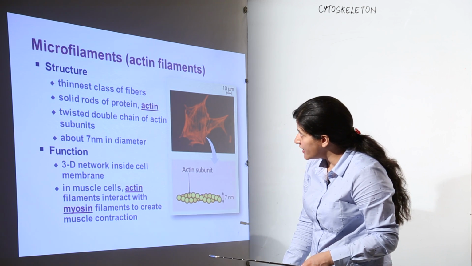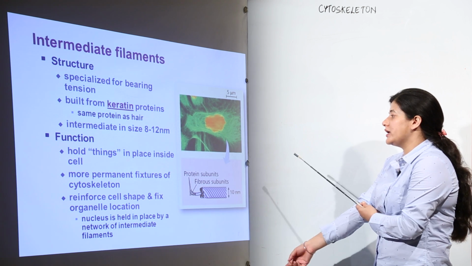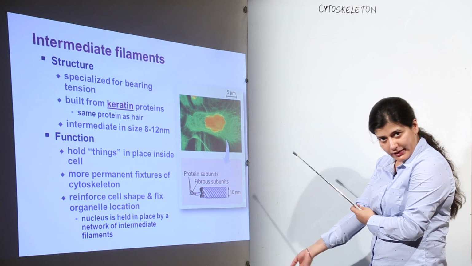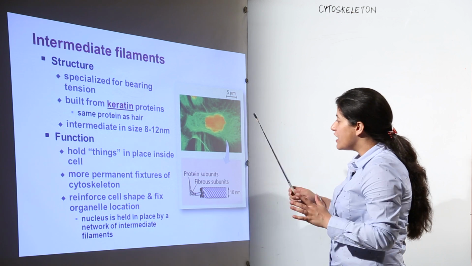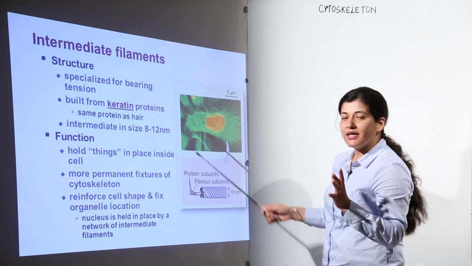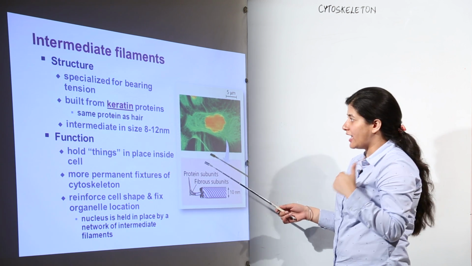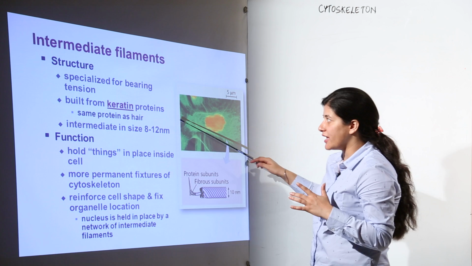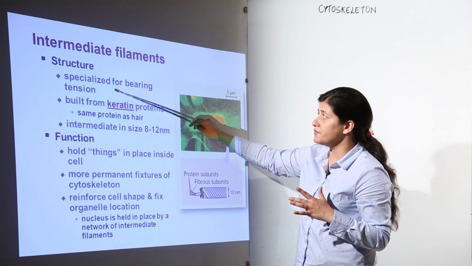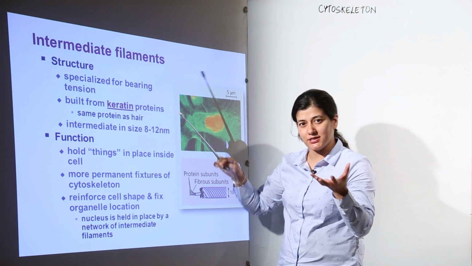Now the next one is the intermediate filaments. Over here, as we had actin in the case of microfilaments, we have keratin proteins. The keratin proteins are the same as we have in our hair, body hair. So it is built from keratin proteins. They are important for bearing tension, whatever tension is present inside the cell.